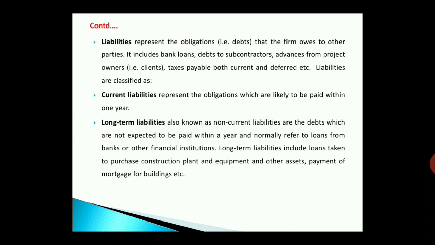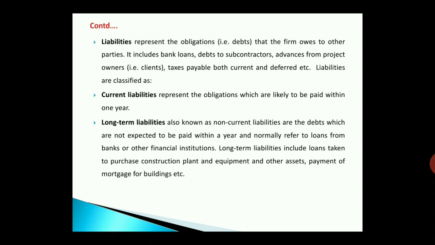Current liability represents the obligations which are likely to be paid within a year, whereas long term liabilities are the debts which are not cleared within a year. For example, current liabilities. When you take a rent, it becomes a current liability. Monthly you have to pay the rent. If you travel in a vehicle, as soon as your journey ends, you have to pay the money, or sometimes you have to pay the money in advance.